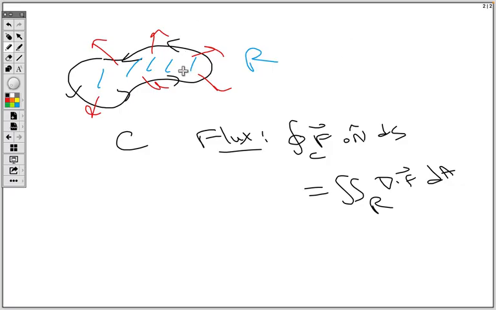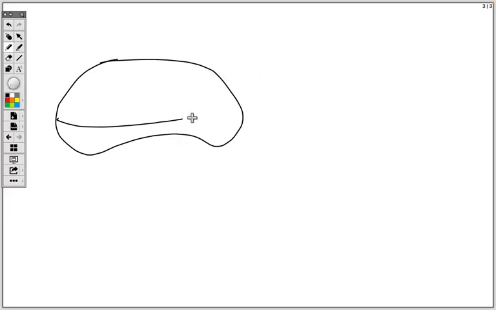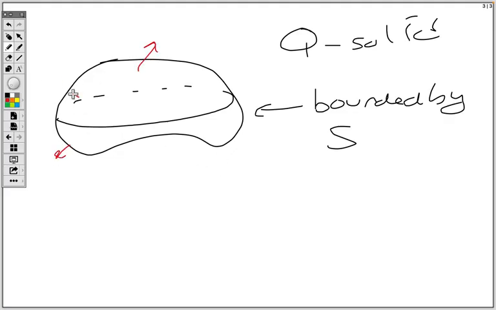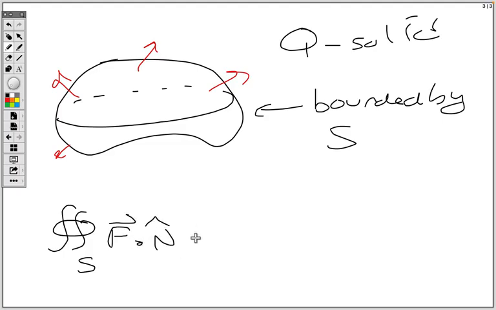But this is what we're doing now, because the way we generalize this is instead of looking at a simple closed curve bounding a region, we're going to go up into 3 space, and we're going to look at some solid, say Q, and the boundary, some surface S. And we're going to look at the flux across S. So if I look at the flux across S, assuming this is a closed surface, so we'll put a circle around that to indicate it's a closed surface, we'll get the outward flux, the surface integral flux.